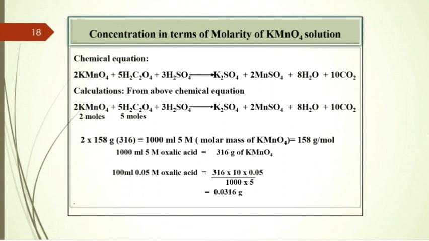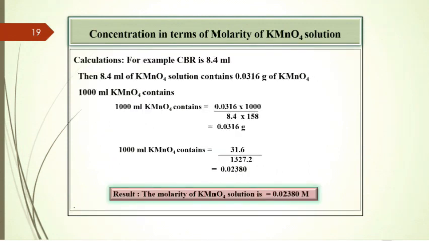So 1000 ml of 5 molar oxalic acid equals 316 gram of KMnO4. Therefore 10 ml of 0.05 molar oxalic acid equals 316 into 10 into 0.05 divided by 1000 into 5. Answer is 0.0316 gram. For example, CBR is 8.4 ml.